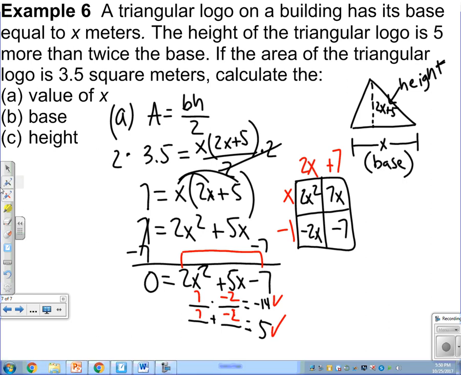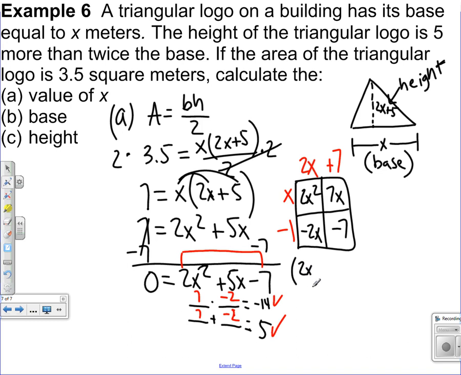Now that we have our factors, we can set these side by side equal to 0. And we're going to set each piece equal to 0 and find out what our x values will be.